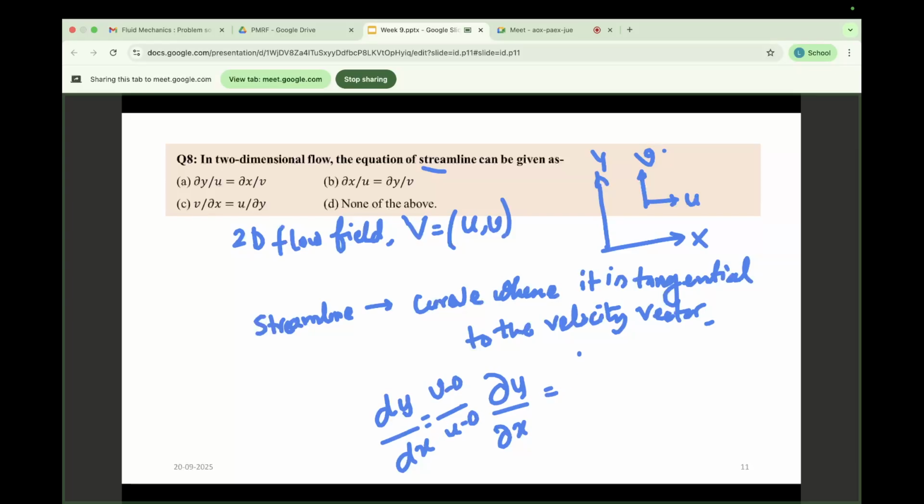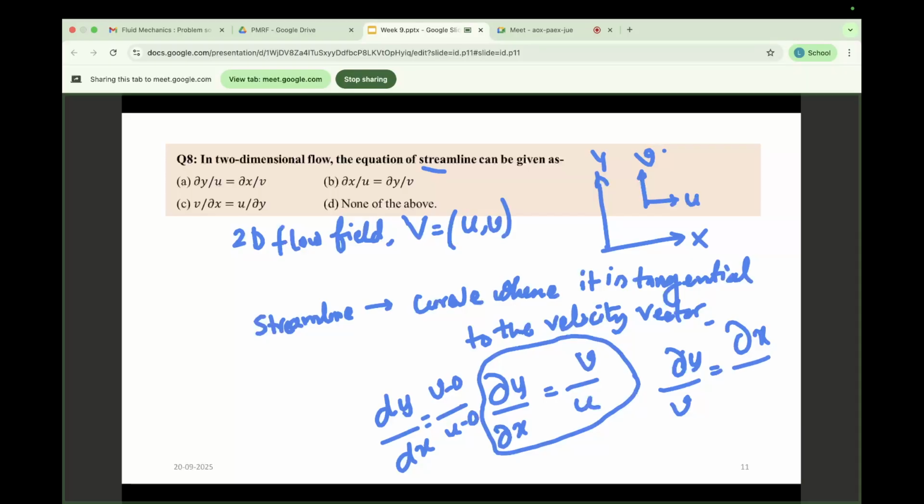So this small change I can represent as v by u, right? So if I rearrange this, what I will get is dy by v equals dx by u. So any option that matches with this one.